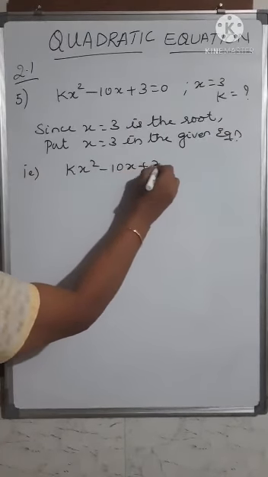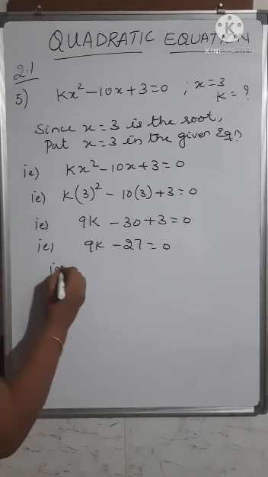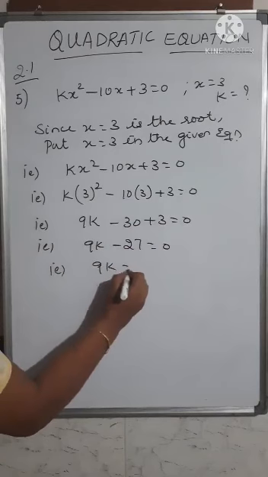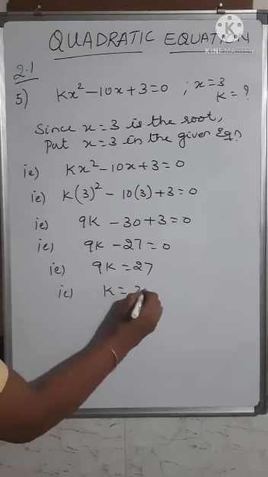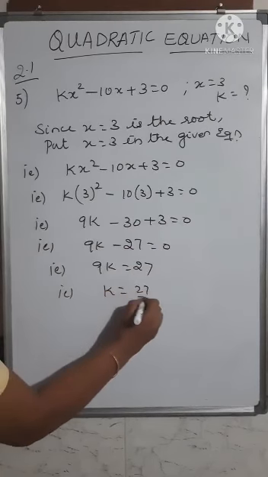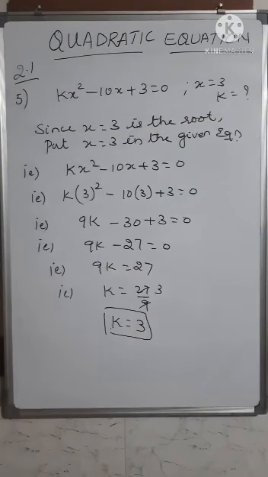So you get 9k minus 27 equal to 0. 9k is equal to 27, so the value of k is equal to 27 upon 9, which is 3. So you get the value of k is equal to 3. This is how you find the value of an unknown term given in the equation when the root is given. Substitute the root in place of the variable, go on simplifying, and find out the value of k.